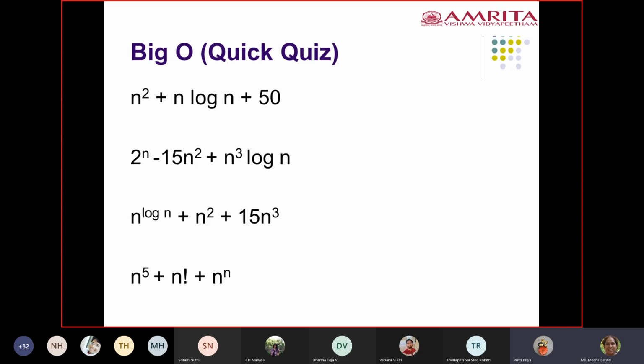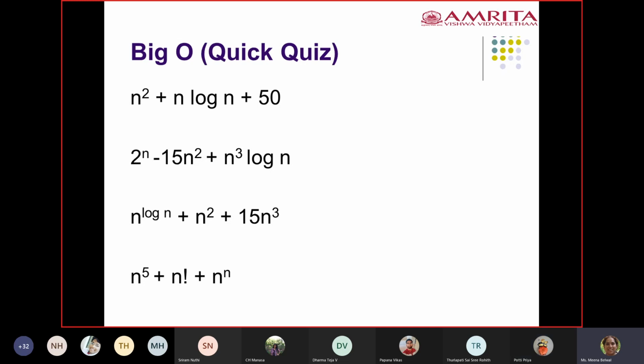So we can ignore that as well, because log n is anyway not dominating as compared to n. Even if we take n power 4, it will be a polynomial function. Very good. Exponential will be dominating the polynomial or logarithmic. Very good, Priya.